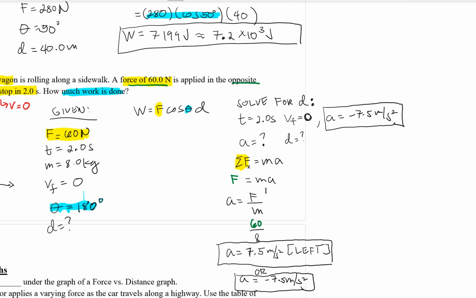Well, you have the equation final velocity is equal to VI plus at.